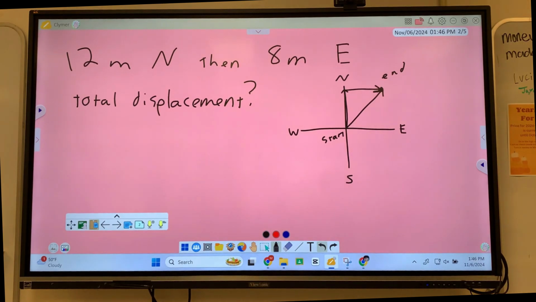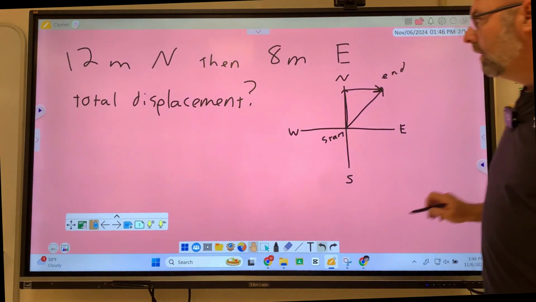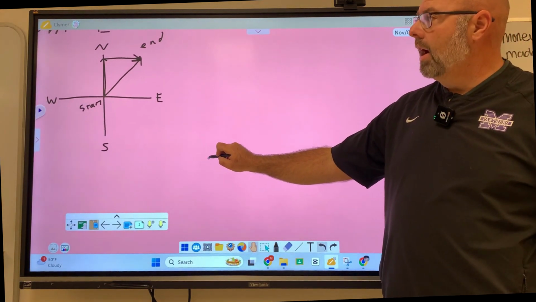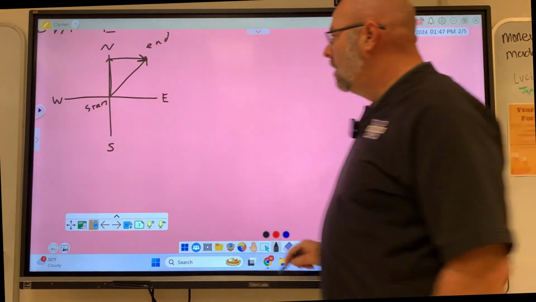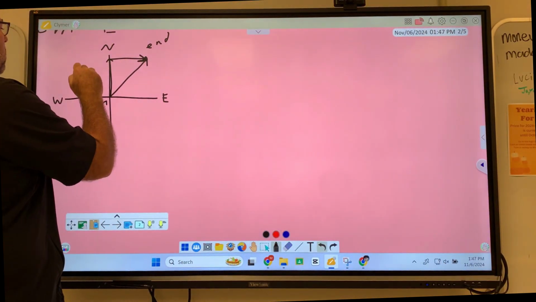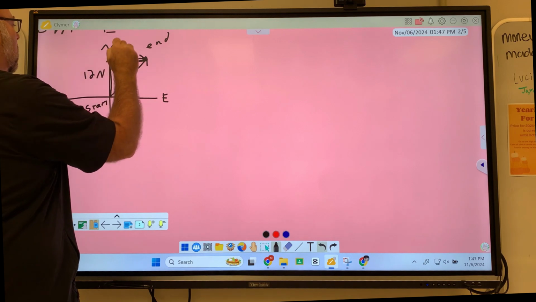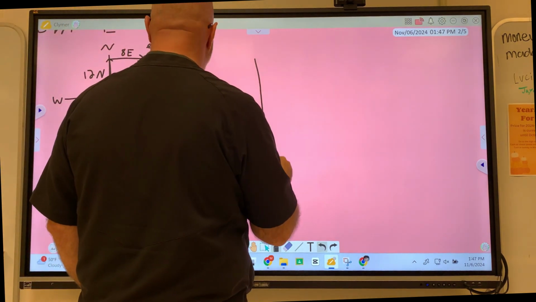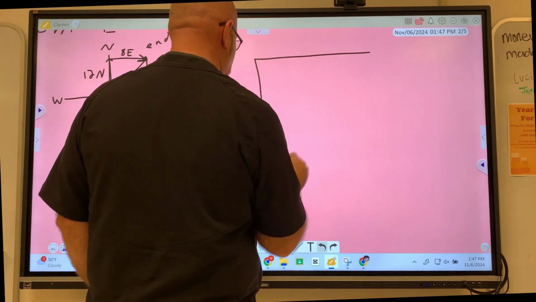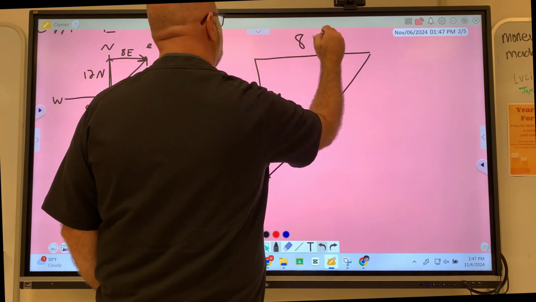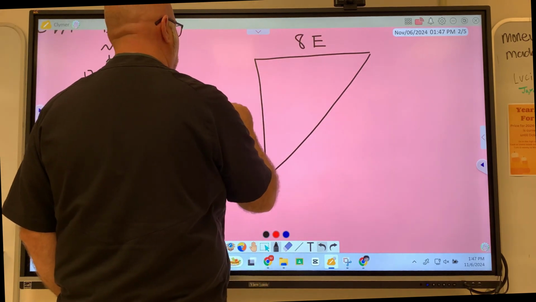This will be from what we did last week. So if this is our scenario, the triangle that I walked, what did I say it was? 12 north, 8 east. So now I have 8 east, 12 north.